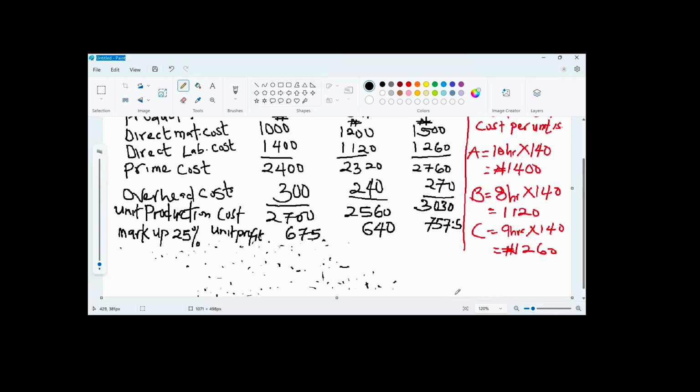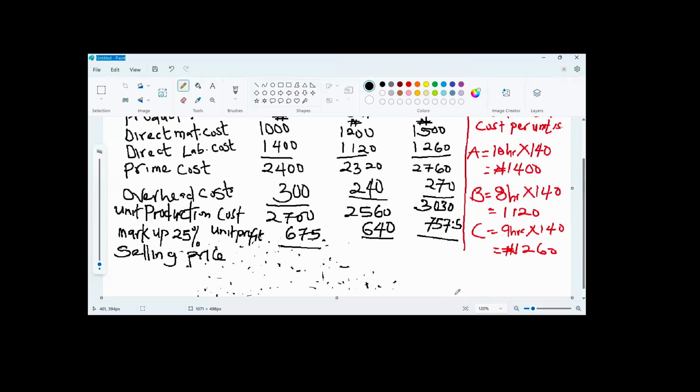If you want to calculate selling price, your selling price is production cost plus profits.